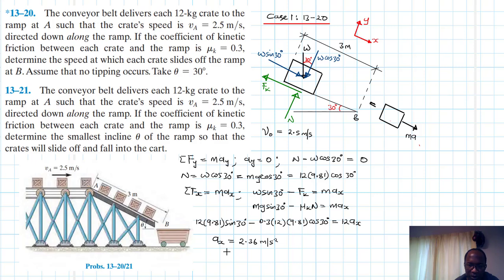Let me check it again. 12 by 9.81 sine 30 minus 0.3 by 12 by 9.81 cos 30, divided by 12, gives 2.36. Okay, right, so with this information now we can find the velocity.